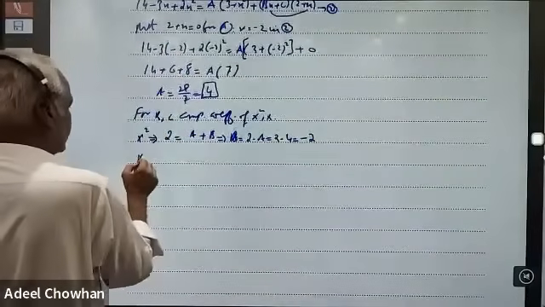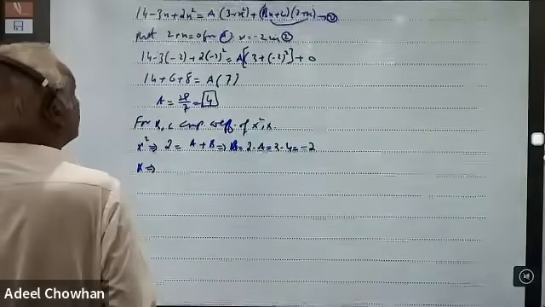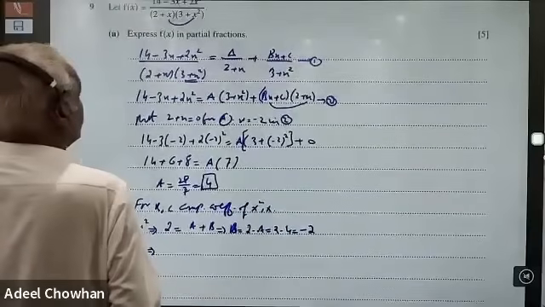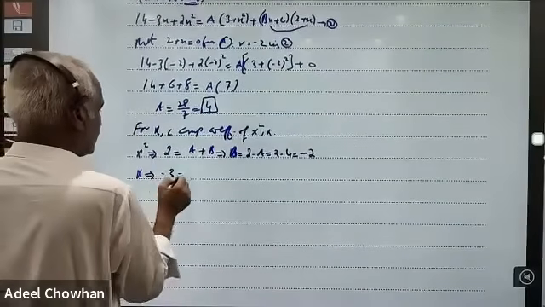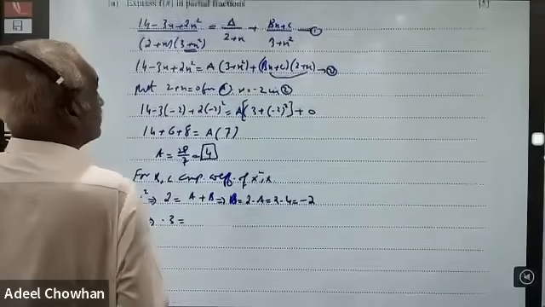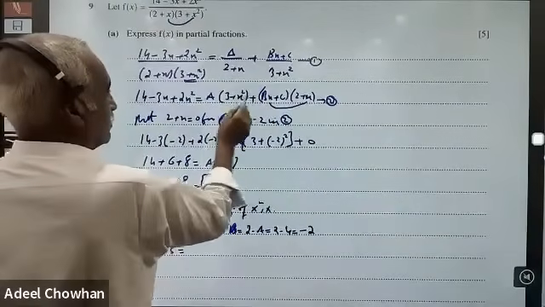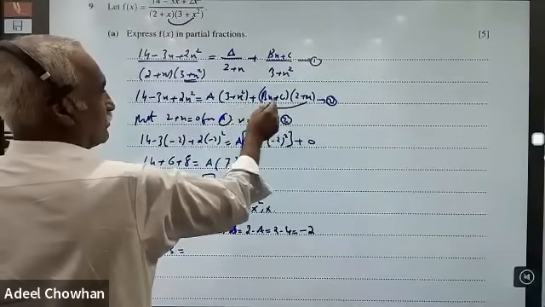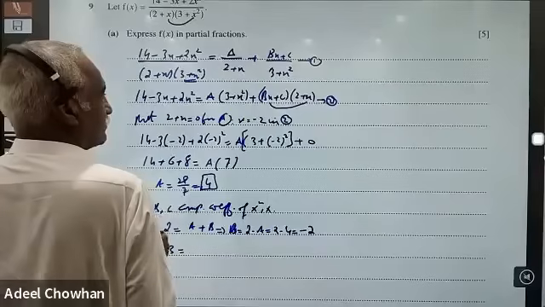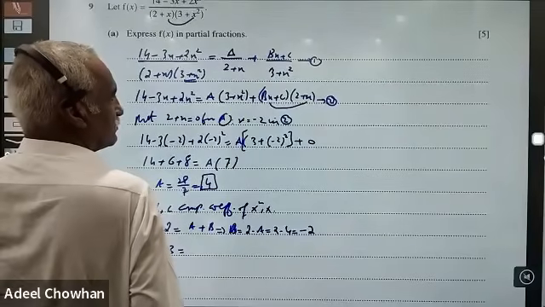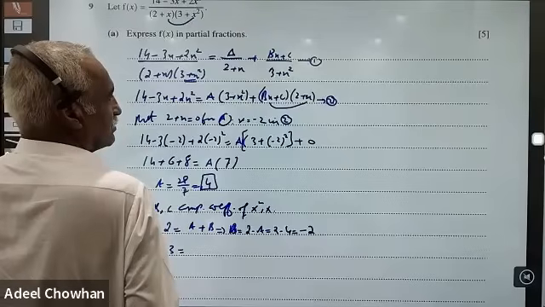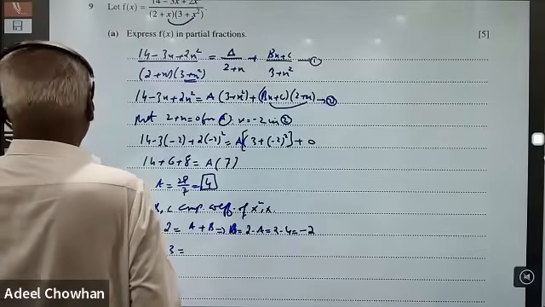Comparing the coefficient of x on both sides. So the x coefficient is minus 3 on the left side, which is equal to b plus 2c.